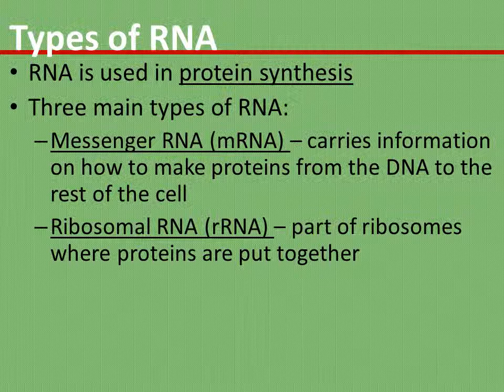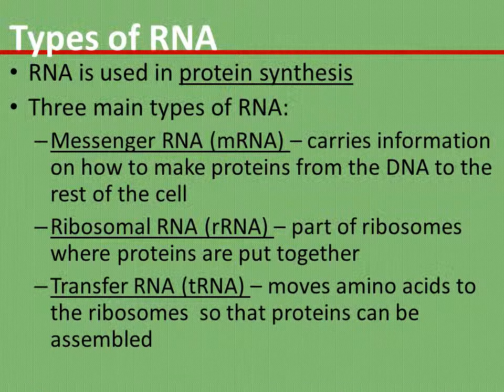The second type of RNA that we're going to talk about is rRNA, and it is going to be found as part of a ribosome. Remember we talked about ribosomes being part protein and part RNA? The RNA that's there is called ribosomal RNA, so it's pretty easy to remember. Ribosomes, ribosomal. It's found in the ribosomes where the proteins are going to be put together.